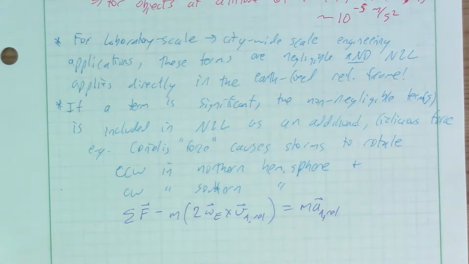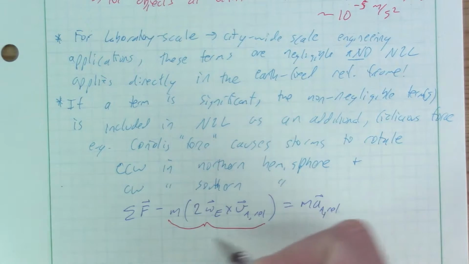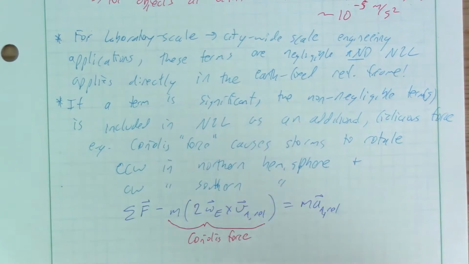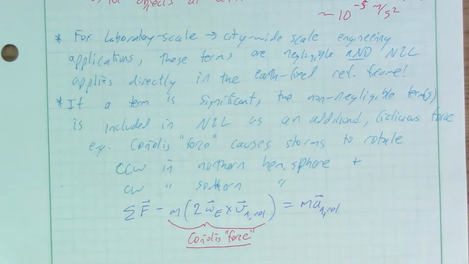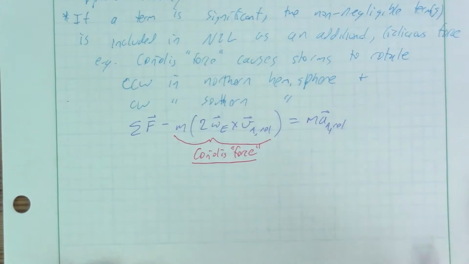Well, this comes naturally. This is how we analyze the system. So the sum of the forces in that Earth fixed reference frame, and then there's the acceleration relative to that reference frame, right? This is that Coriolis force, in quotes. And let's see if we can convince ourselves why storms, due to this force, rotate in a certain way.